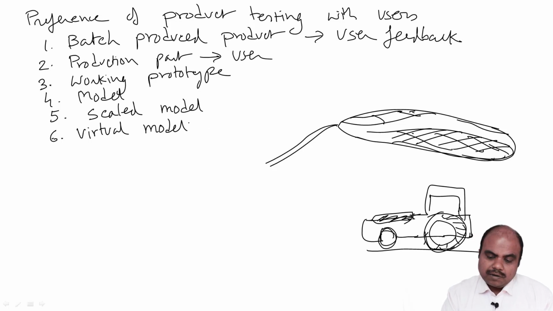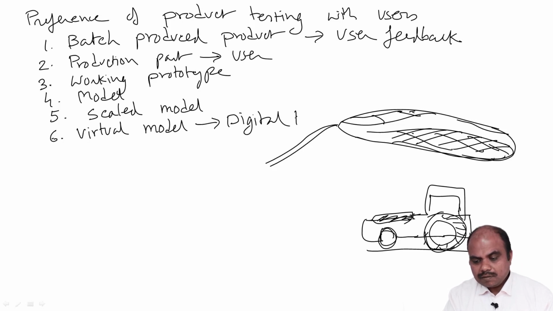In virtual model there are three possibilities. One is digital twin. Digital twin is a model which has all the features and the functionalities in the computer, matching the functionality of the physical product.